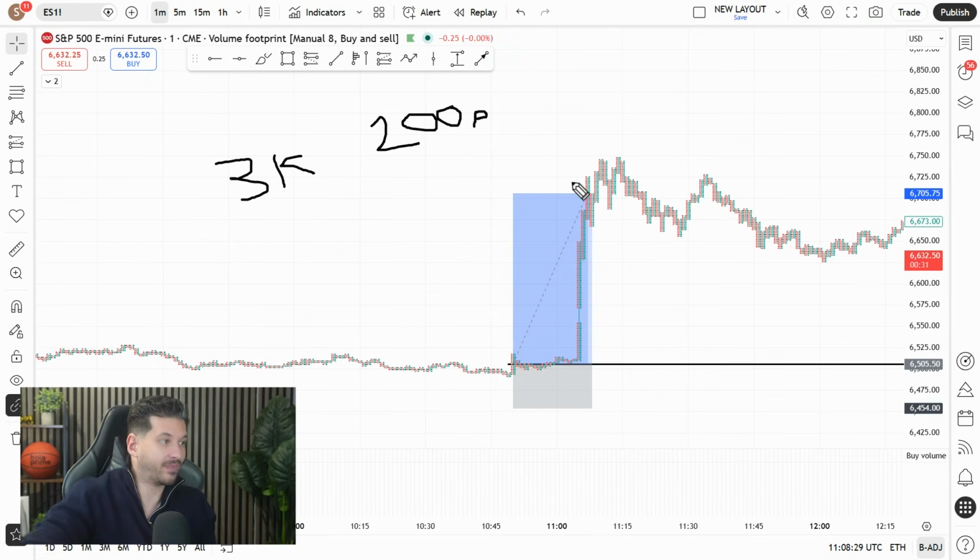So we're going to do a bit of math here to figure out what their profit is. One standard E-mini contract, at one point, is $50, right? So they did 3,000 contracts. At one point would be 3,000 times 50, so 1 point is already 150K.